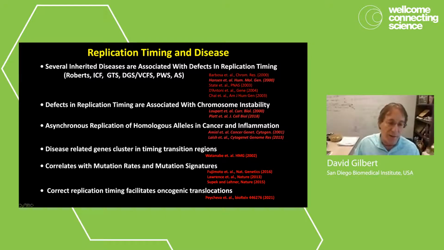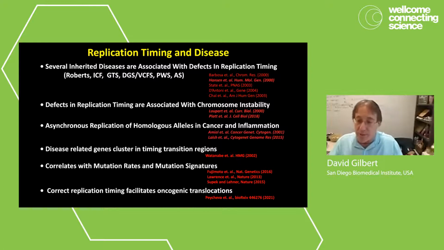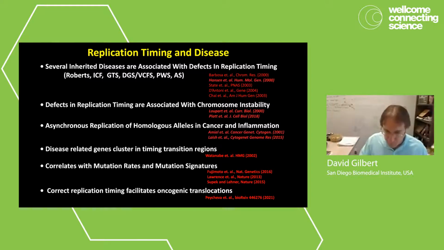And he's shown that if he disrupts replication timing, that actually reduces the frequency of these oncogenic translocations. So the hypothesis there would be that genes that replicate at the same time tend to be interacting, tend to be in the same location in the nucleus, so that they have a higher rate of translocation. And when you disrupt that replication timing, you disrupt the translocation frequencies.